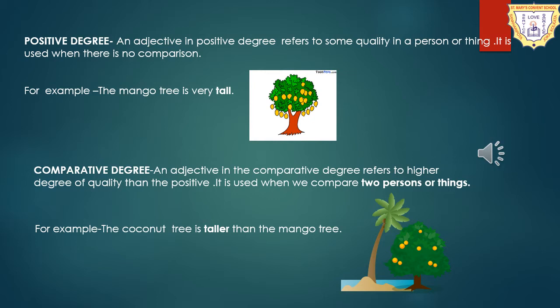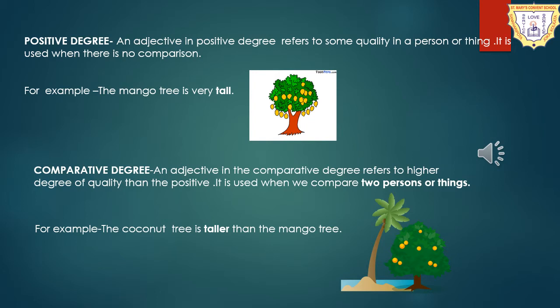Now we come to the comparative degree of adjective. An adjective in comparative degree refers to a higher degree of quality than the positive degree. It is used when we compare two persons or two things.